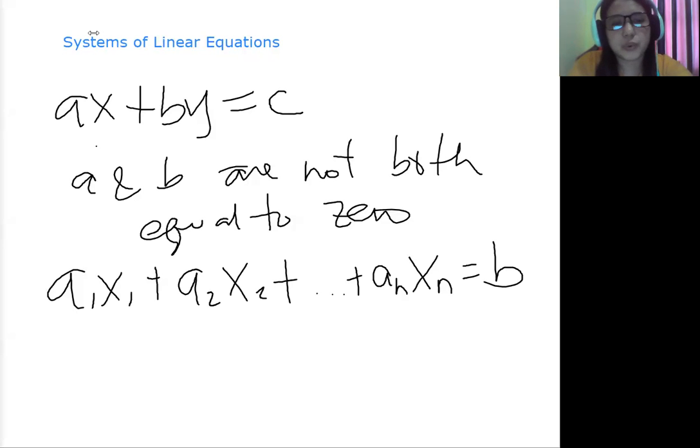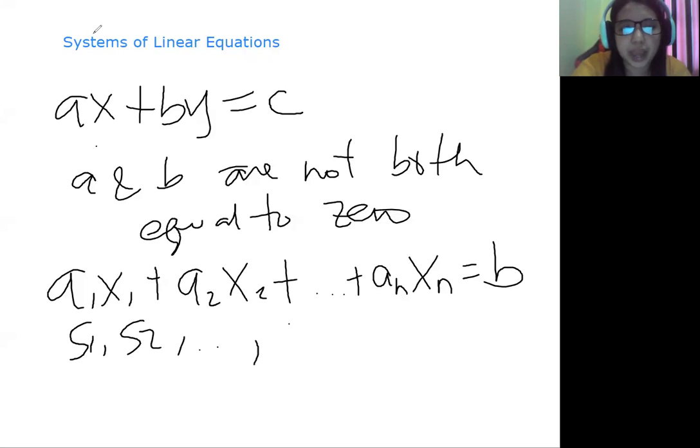Just to have a review about this, given a sub 1 x sub 1, a sub 2 x sub 2 until a sub n x sub n is equal to b, suppose we were able to find solutions s sub 1, s sub 2 until s sub n.